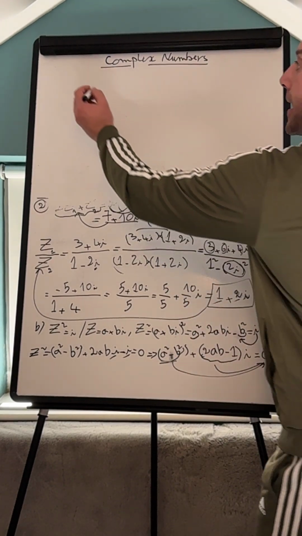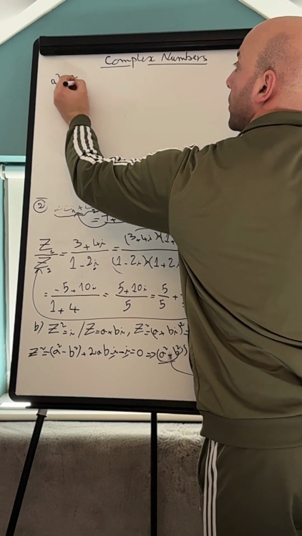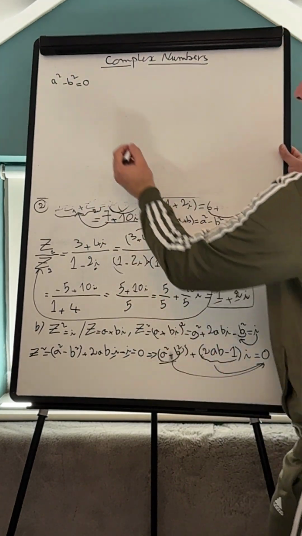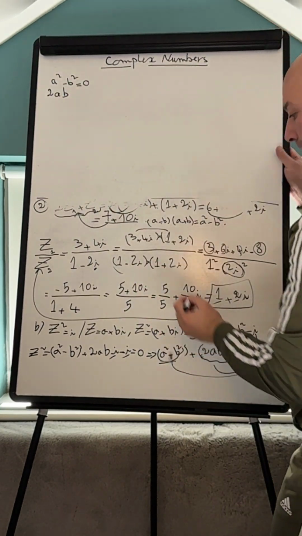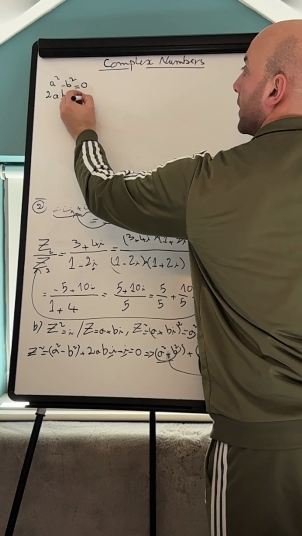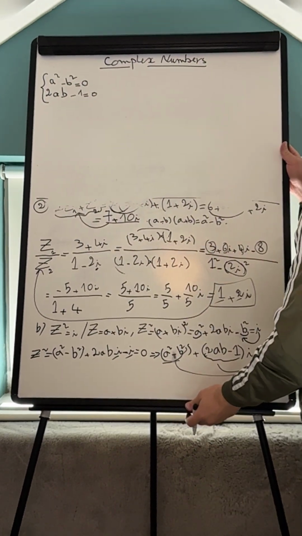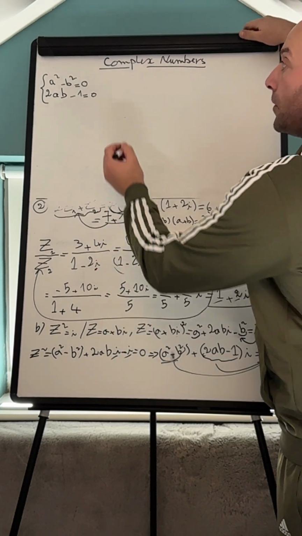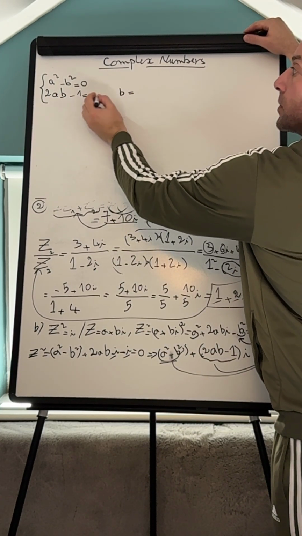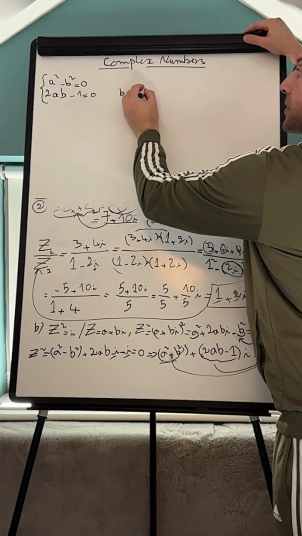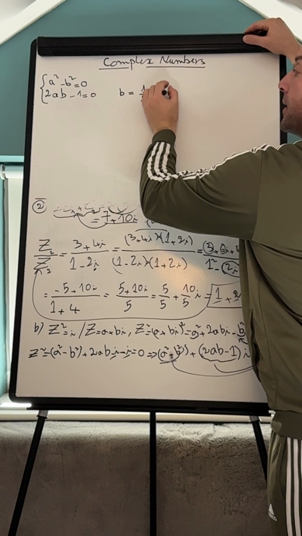That means a squared minus b squared equals 0, and in the meantime 2ab minus 1 equals 0. This is what we've got so far. Then from here, basically b equals, if you move 1 towards the other side and divide by 2a.